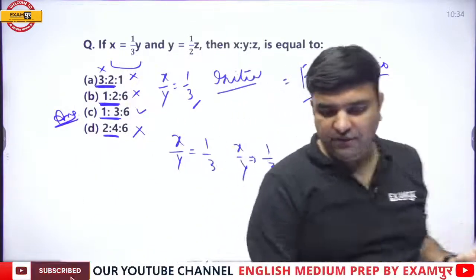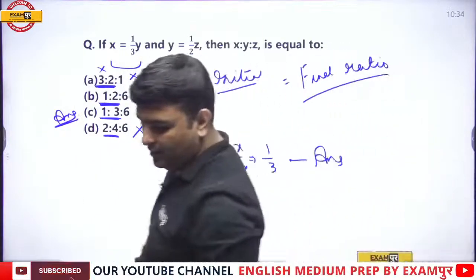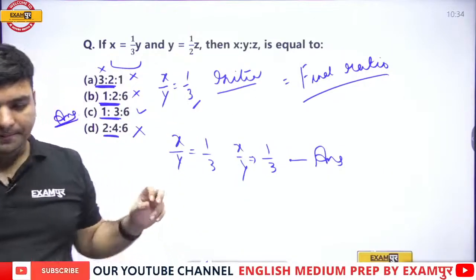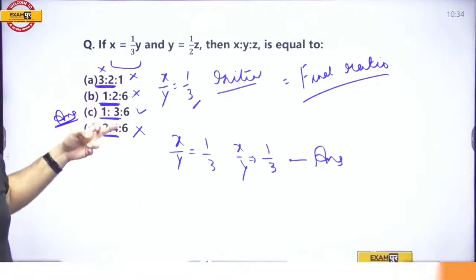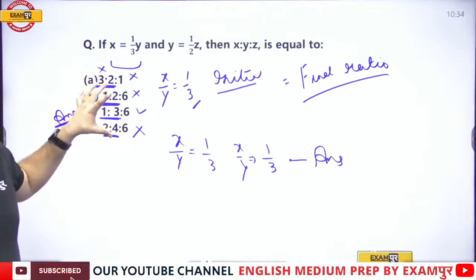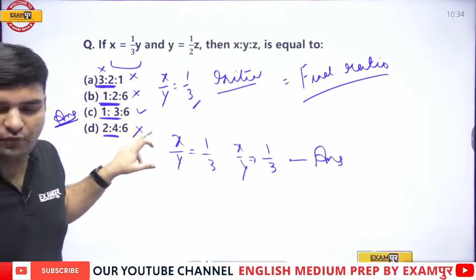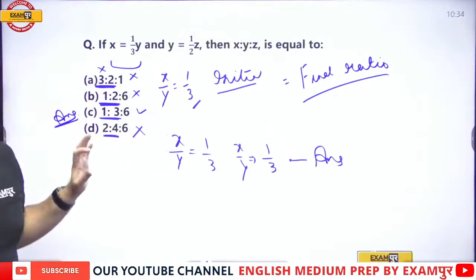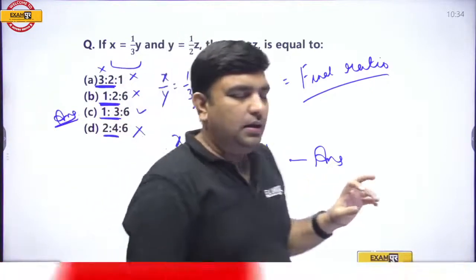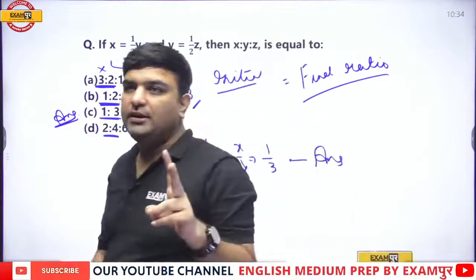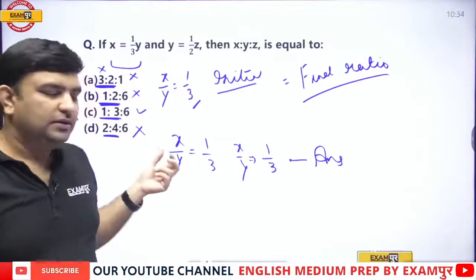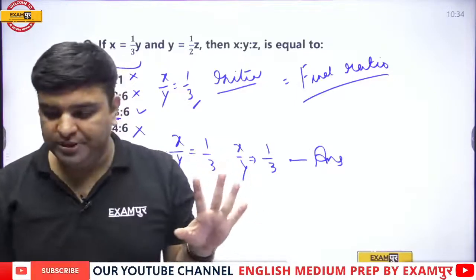This is the elimination way. If in all other three options they are not maintaining 1:3, then the ratio which is maintaining 1:3 is directly your answer. If there are two options satisfying this condition, then we would go for the y to z ratio as well.